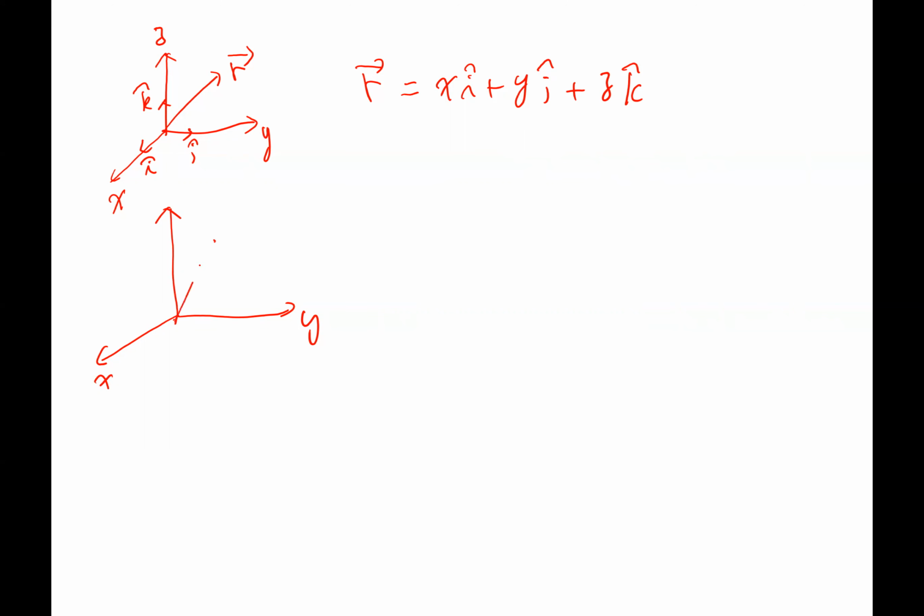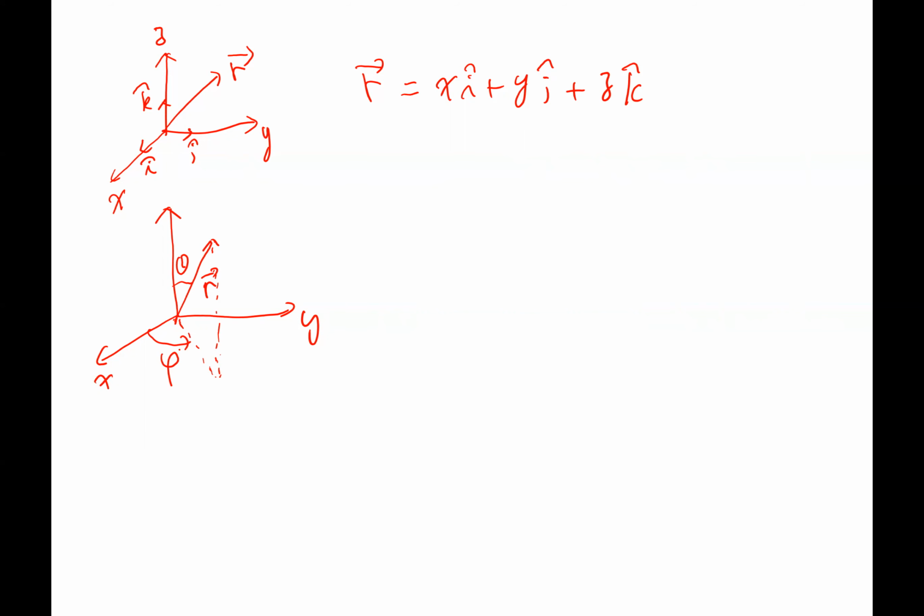Of course you have r here, that's a vector. Then we have an angle which we call theta, and then we project this one down to the XY plane, and this angle we call phi.